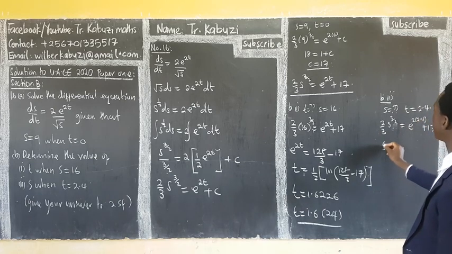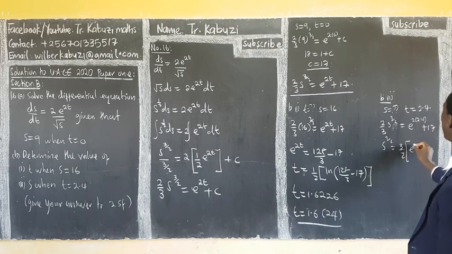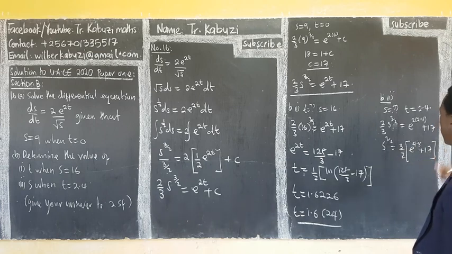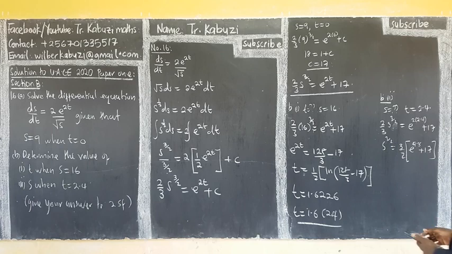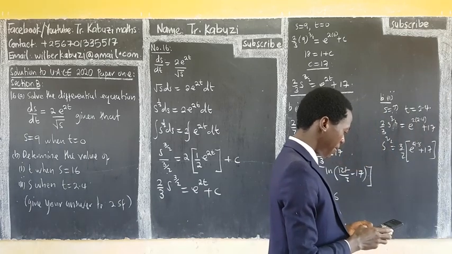So it's that our s to the 3 over 2 is going to be 3 over 2 cross multiply, divided of e to 4.8 plus 17. Then we can get this. Then here you have e to 4.8.